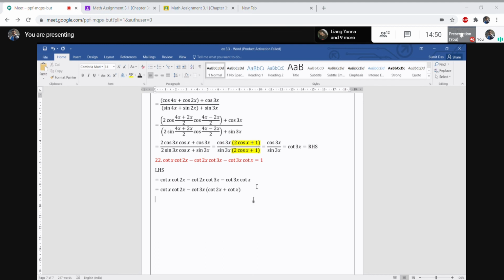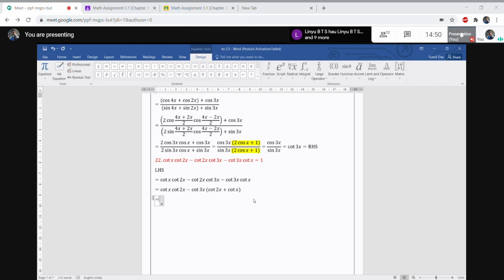Now we'll use the formula: equal to cot x into cot 2x minus cot 3x. Okay, now use the formula.